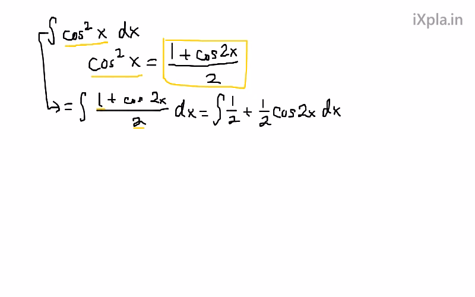Now, let's go ahead and just integrate this 1/2 part straight away. So here you should get 1/2 times x, and then what's left is integrating this part. We can even bring that 1/2 in front of this integral, and we're left with cosine of 2x dx.